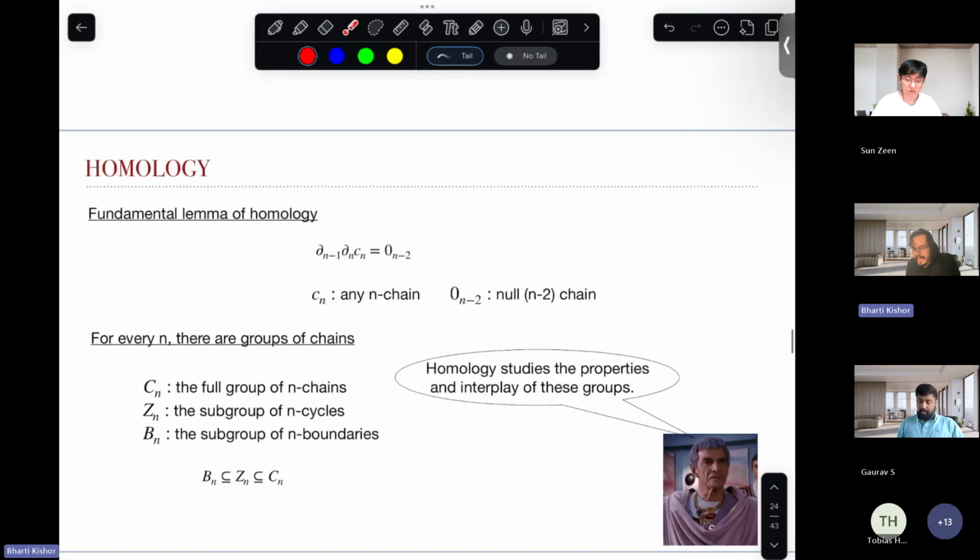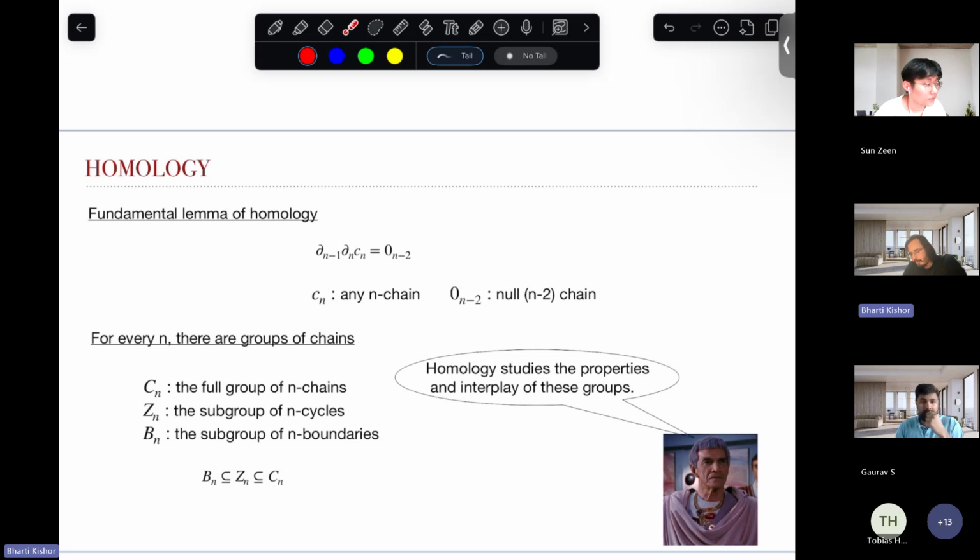So we have these three objects: chains, cycles, and boundaries. Every cycle is a chain, but not every chain is a cycle. And similarly, every boundary is a cycle, but not every cycle is a boundary. So there can be a strict separation between them. Sorry, battery got discharged.